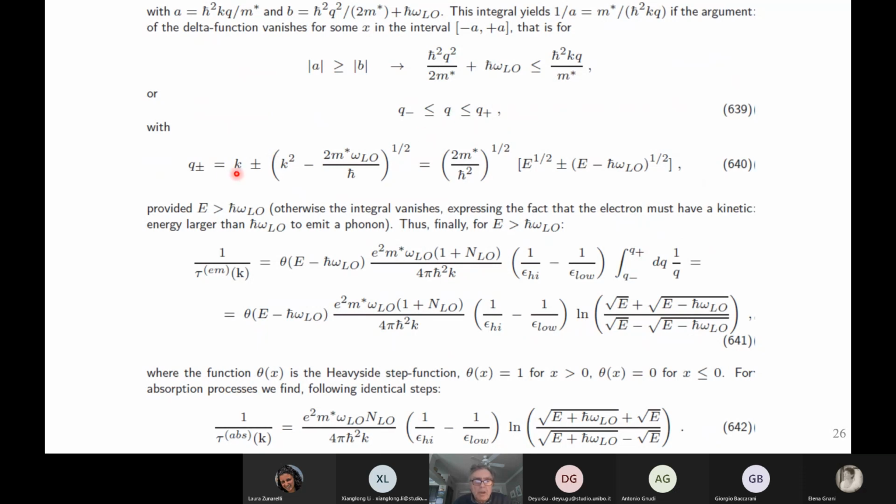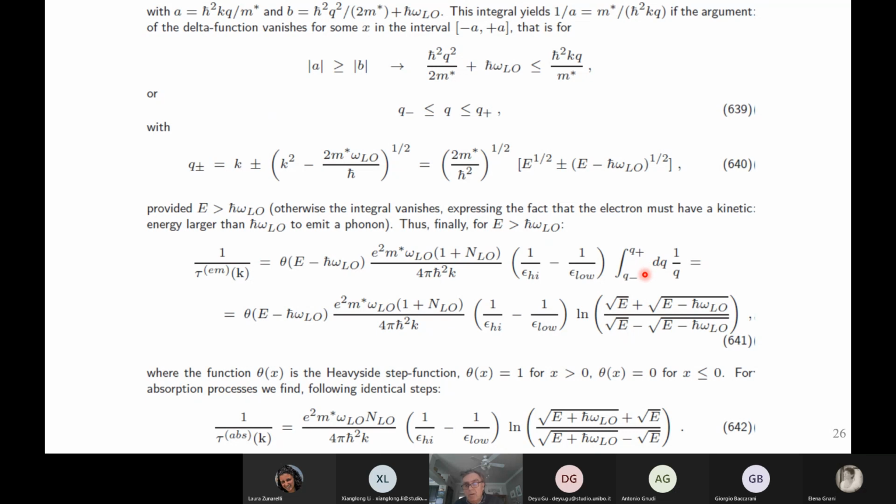So we integrate over this angle variable x that we have now, and I am just rewriting, using some algebra, in terms of the energies, expressing the k in terms of energy. k will be just the square root of 2m star E divided by h bar, and we can perform the integration.